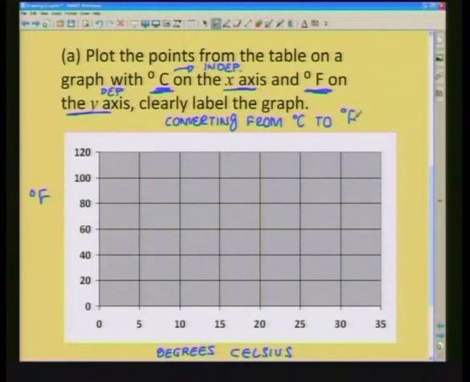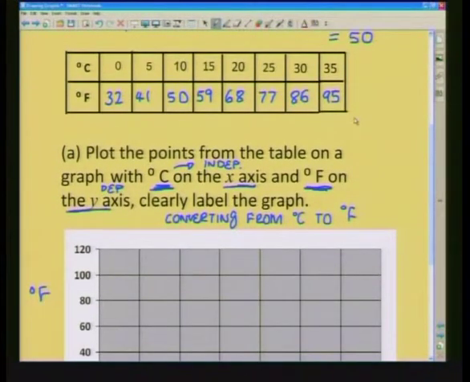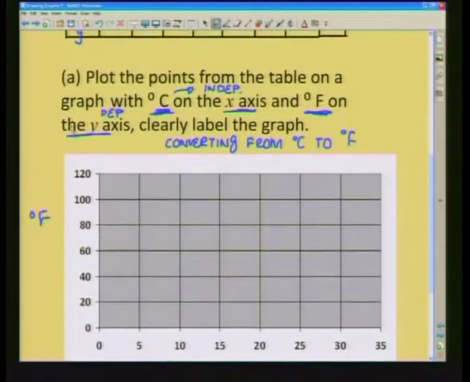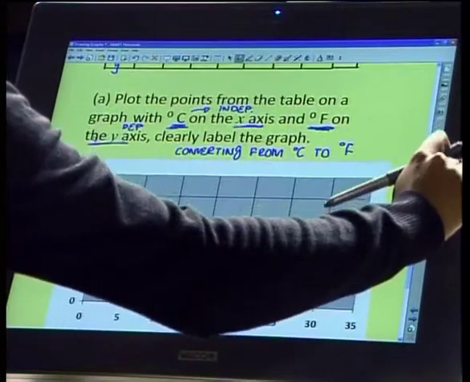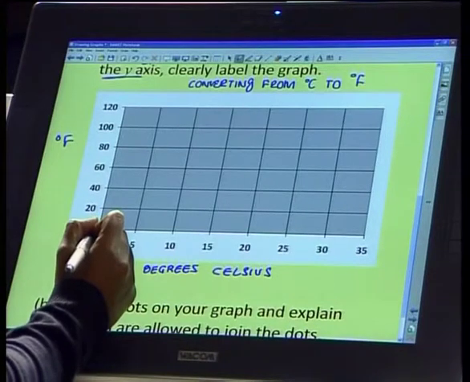All right, and now that we've got our table drawn from above, it's very easy to plot the points because they have given us the x values and we have worked out the y values. So it's simply a matter of plotting these corresponding points. So let's do that. Remember at 0 we had 32, so at 0 degrees Celsius, we know that's the same as 32.